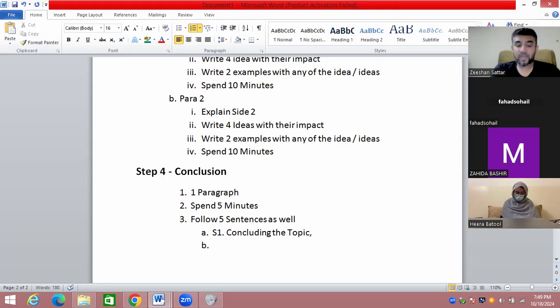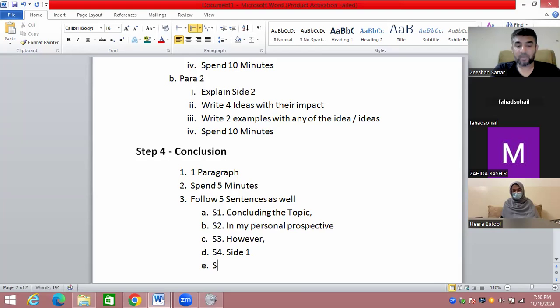Sentence number 2, in my personal perspective or point of view. Sentence number 3, maybe a compounding word, however or while, whatever. Sentence number 4 will be from side number 1. Sentence number 5 will be for side number 2.